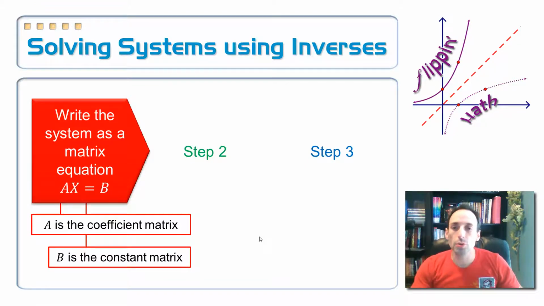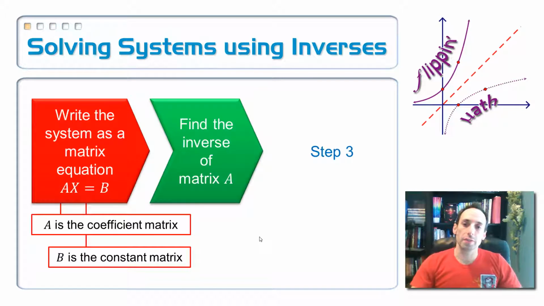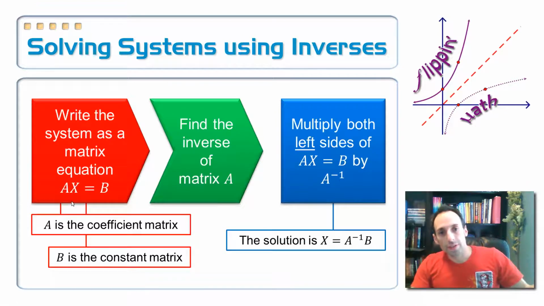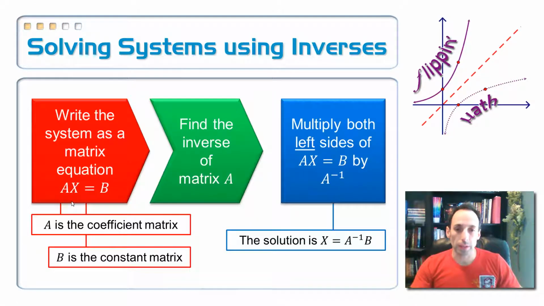Okay, so step 2 then is you're going to find the inverse of matrix A, so I can get rid of it on the left side of the equation over here. Okay, and then finally step 4, multiply both sides by the inverse of A. So your solution is X is equal to the inverse of A, that's the coefficient matrix, times B, which is the constant matrix.